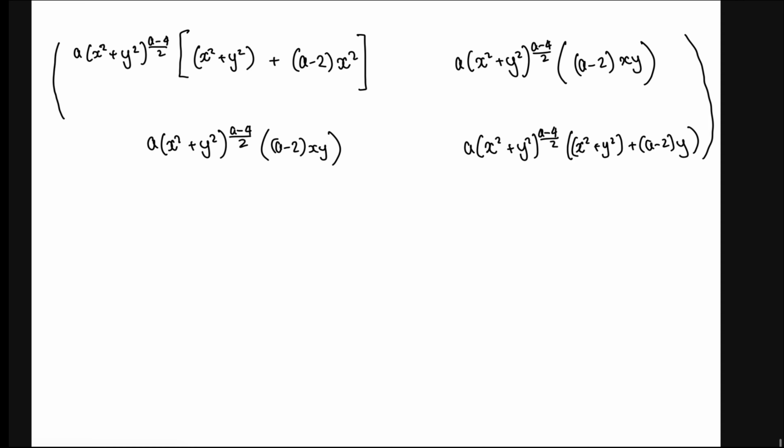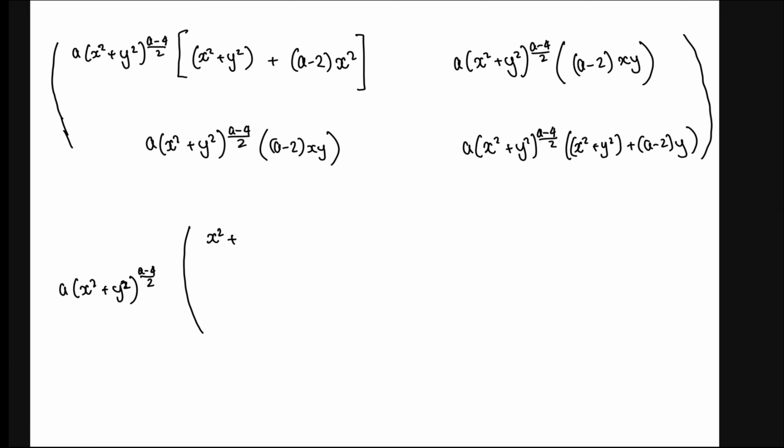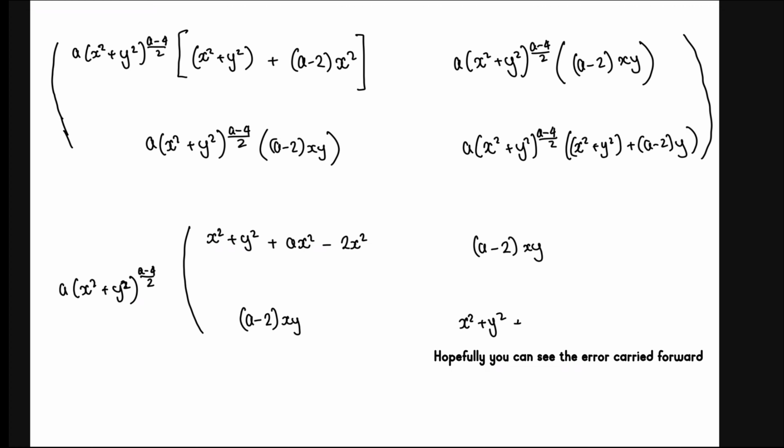Now, taking out x squared plus y squared to the power of (a minus 4) over 2 outside of the matrix, we are left behind with x squared plus y squared plus (a minus 2)x squared, then (a minus 2)xy, and then (a minus 2)xy, and then x squared plus y squared plus (a minus 2)y squared.